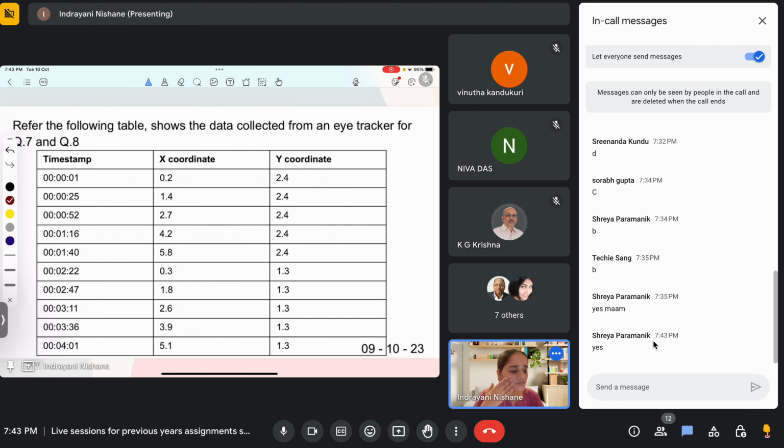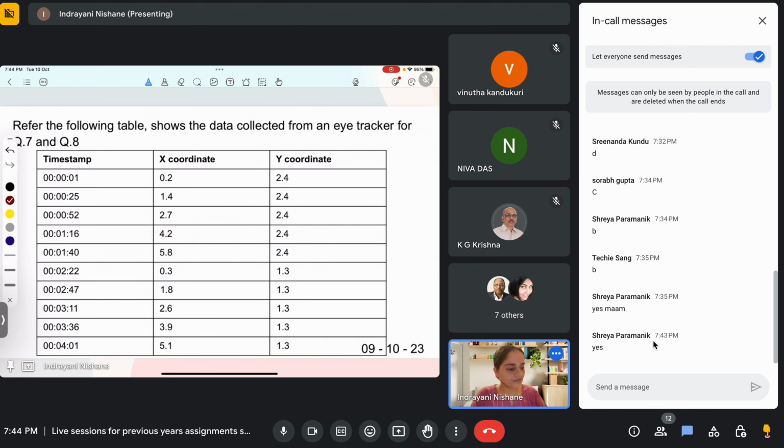So we have this data which is captured by an eye tracker, and we have to answer 2 questions based on this data. As I was telling you before, the x coordinate, y coordinate, and respective timestamp get captured by the eye tracker.